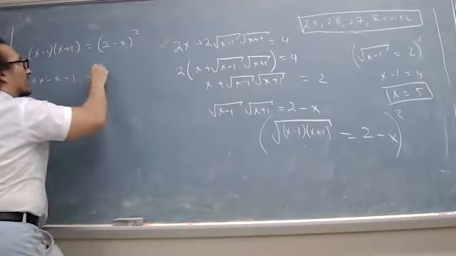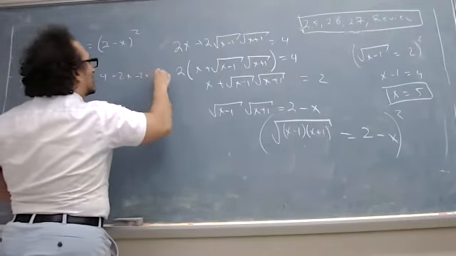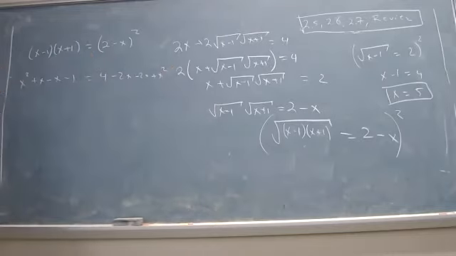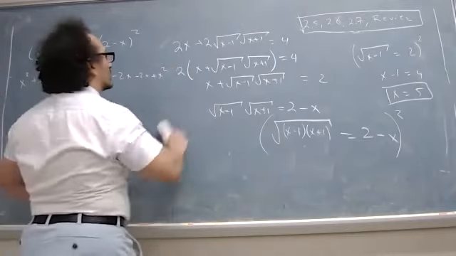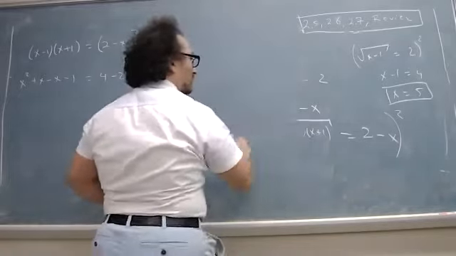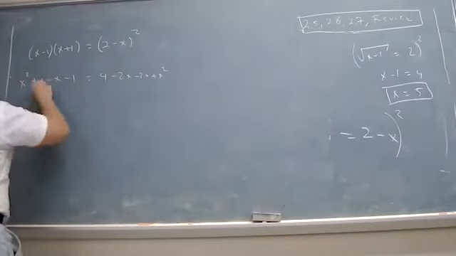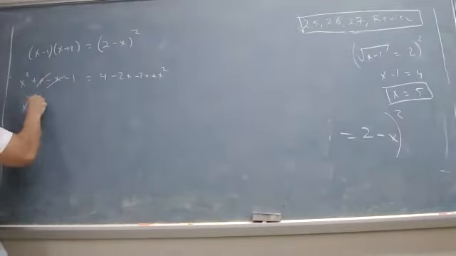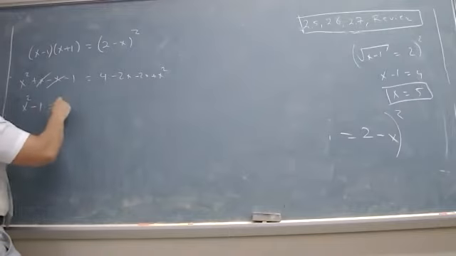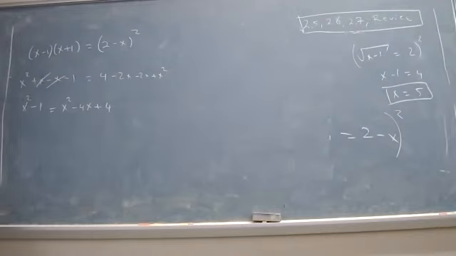And this gives me 4 minus 2x plus x squared. So these terms cancel, so I just get x squared minus 1 over here. And this becomes x squared minus 4x plus 4.